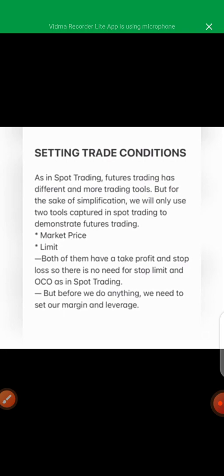One is the market price, while the second one is limit. Both of them have a take profit and stop loss, so there's no need for stop limit and OCO as in spot trading. In case you may be asking yourself, what's the meaning of this OCO? It means order cancels order.